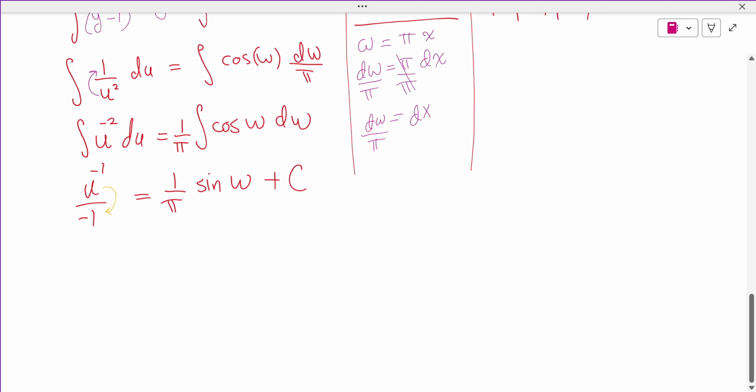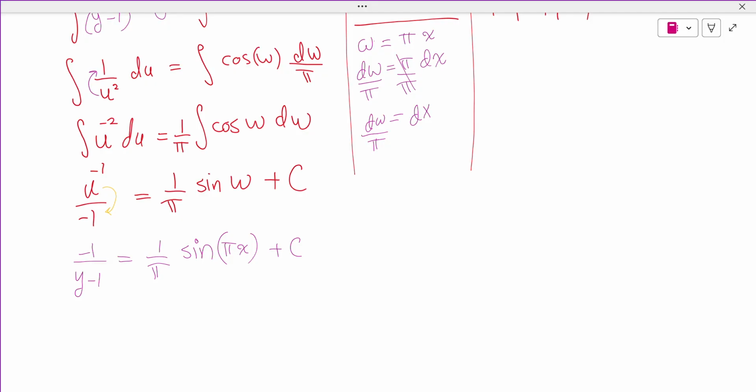So we have negative 1 over u, and u is y minus 1, equals 1 over pi times sine of w, where w equals pi x, plus c. This is the next step after doing the integral.